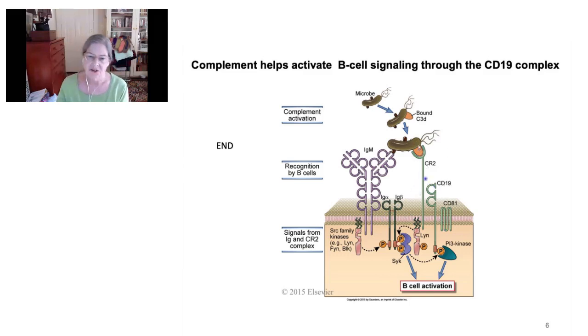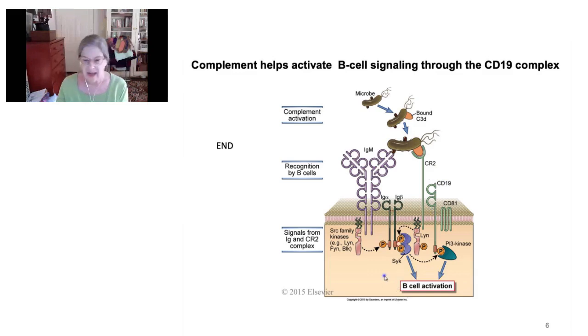So antigen can bind to the surface antibody, and if complement is around, then you can also signal through this complex here. And this is called the CD19 complex because of this associated molecule here that people recognize with antibodies when they're trying to identify B cells.